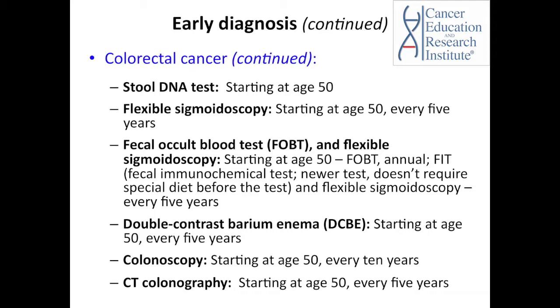The double contrast barium enema test, the DCBE, is recommended starting at age 50, every 5 years. Colonoscopy starting at age 50, every 10 years, and the CT colonography starting at age 50, every 5 years.